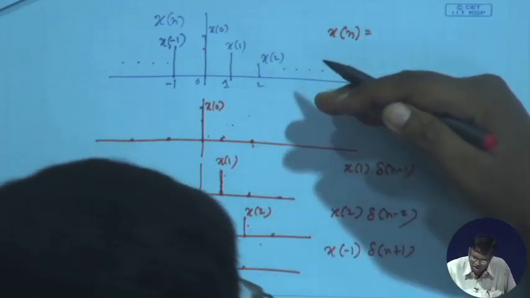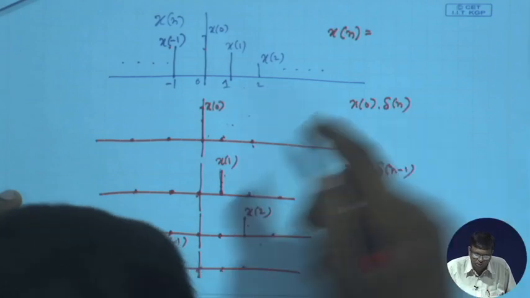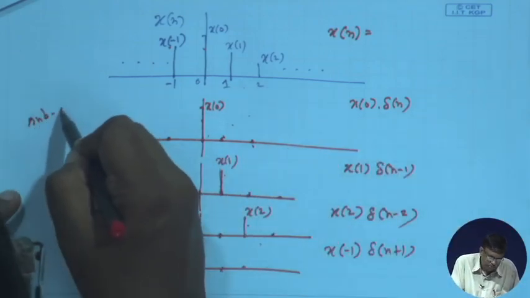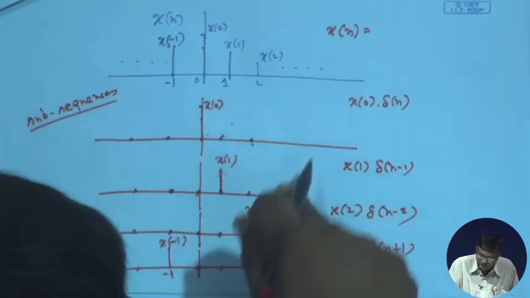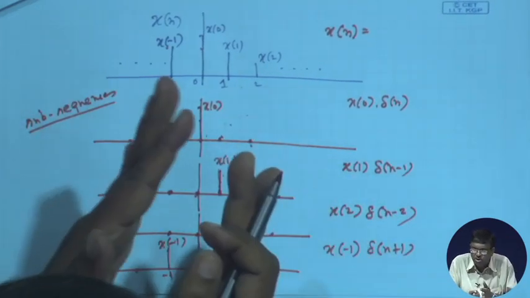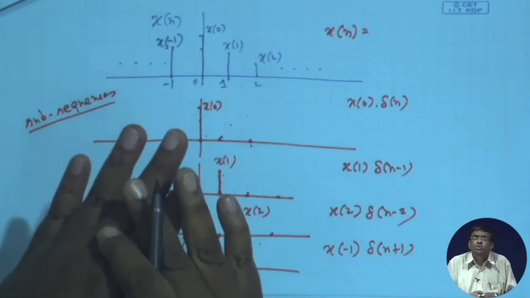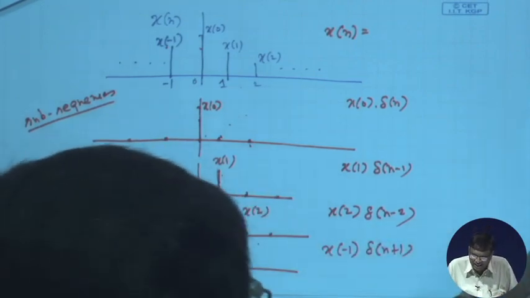Which means x n is a summation of subsequences. One subsequence, another subsequence. So, various subsequences are superimposed on each other and you get your x n.